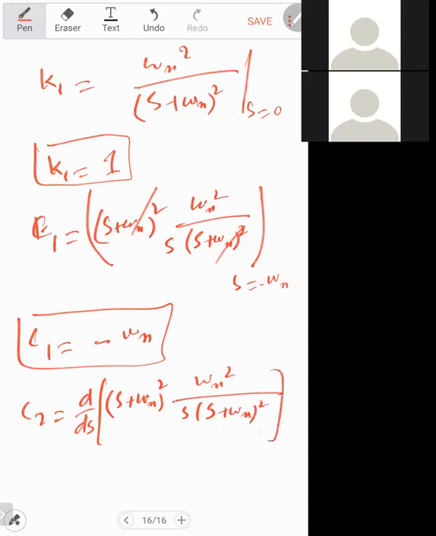This is again the same thing. If you simplify, placing s equal to minus omega n, this is equal to minus omega n. So from this you will get C2 is equal to minus 1.